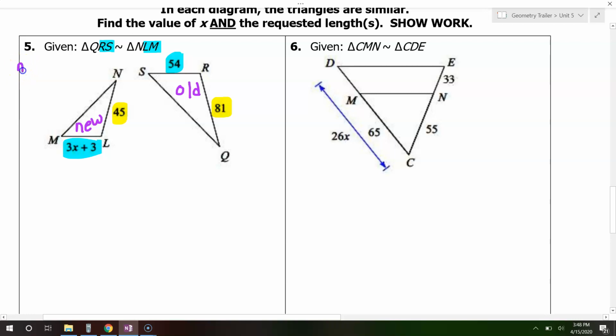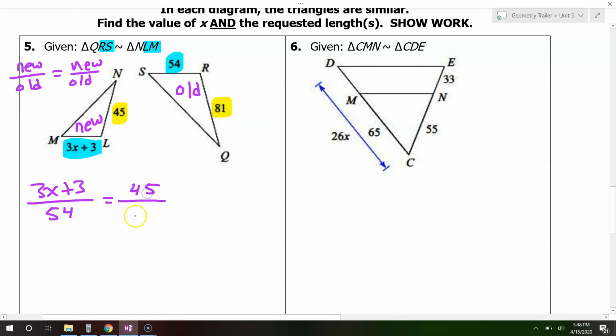This is just so you can make your equation in the form new over old equals new over old. All right, so looking at the blues, new over old would be 3x plus 3 over 54. Now looking at the yellows, new over old is 45 over 81.